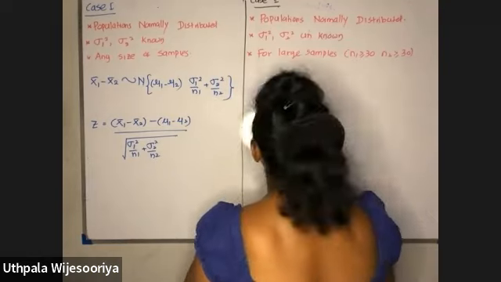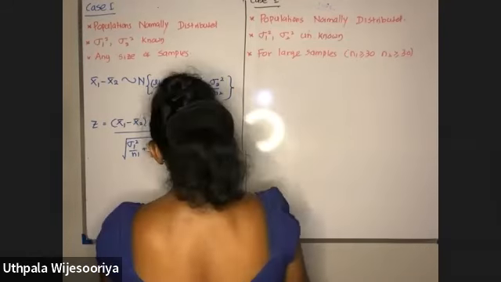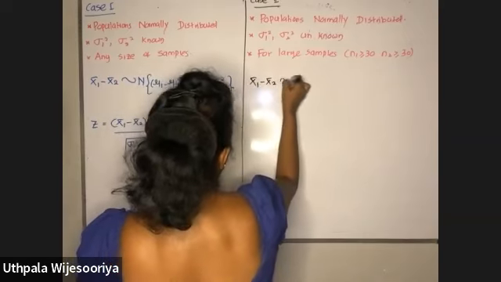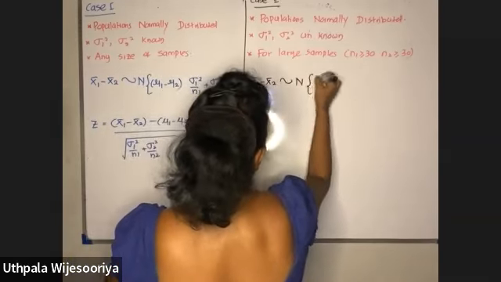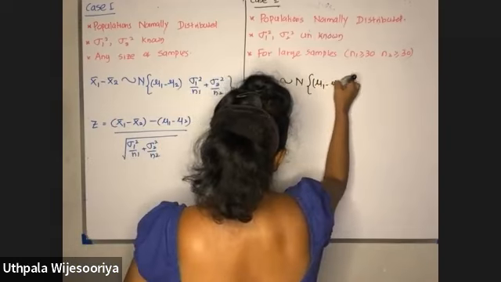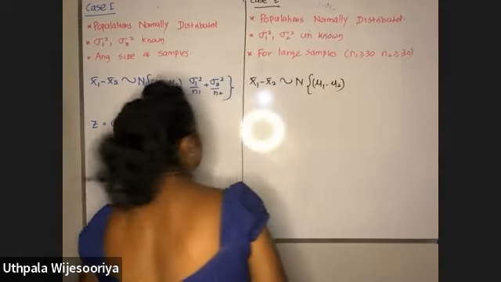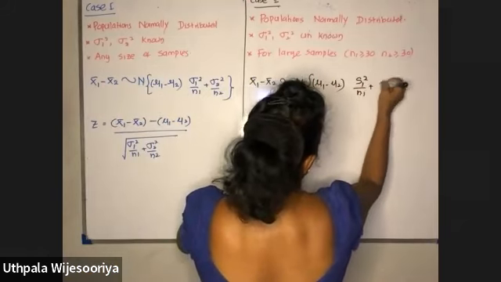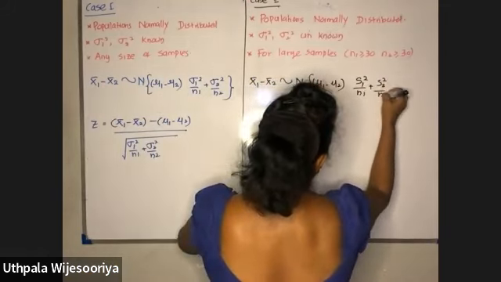X bar 1 minus x bar 2 is normally distributed with mean mu1 minus mu2. What about your variance? S1 square over n1 plus S2 square over n2.